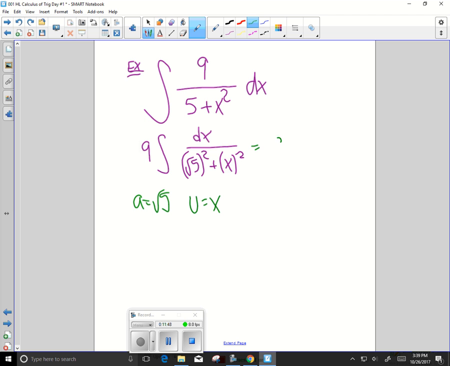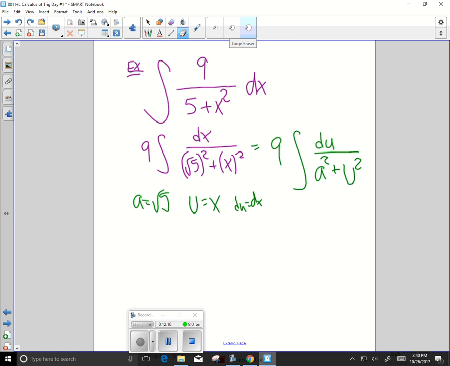So this is 9 times, of course, du is just dx. You'll have du over a squared plus u squared, or a squared plus x squared, if you want to just call it that.